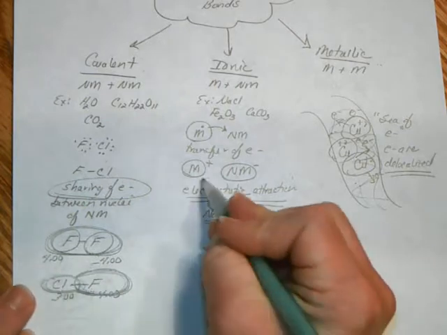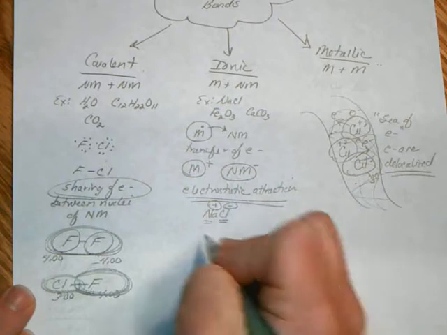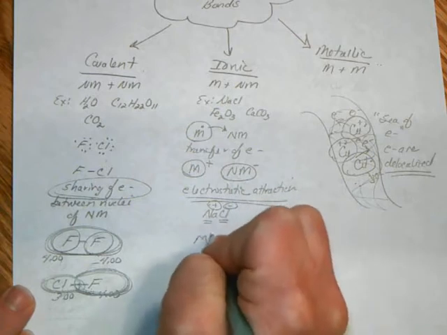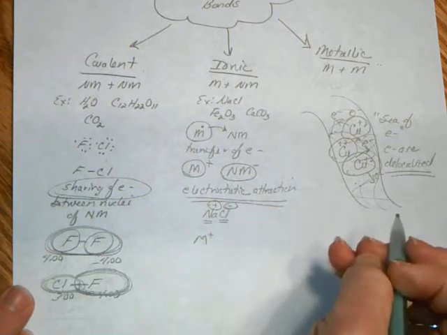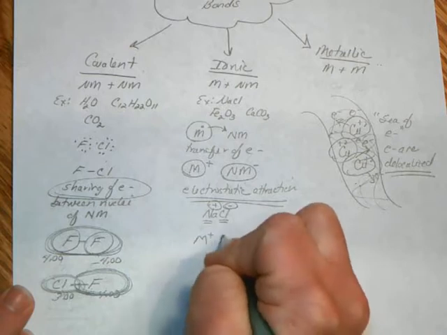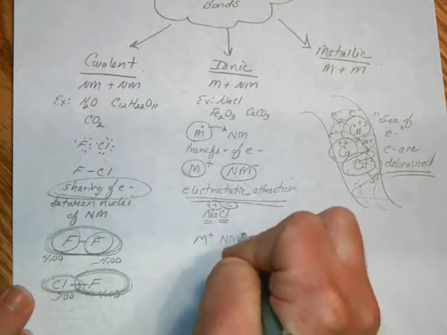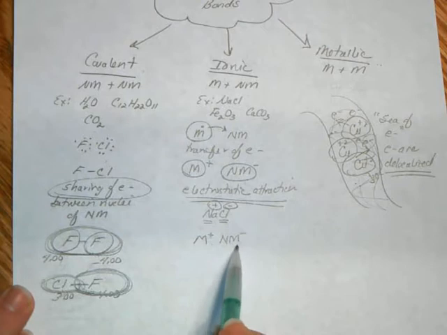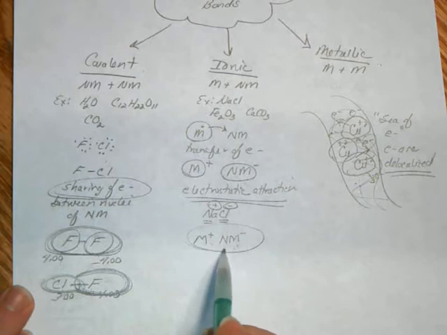Now, in ionic bonding, the metal gets the full positive charge because it lost an electron. The nonmetal gets the full negative charge because it has taken and is keeping the electron. And they're fine with that. There's no sharing. The electrostatic attraction accomplishes the bonding. Here, there is a sharing.